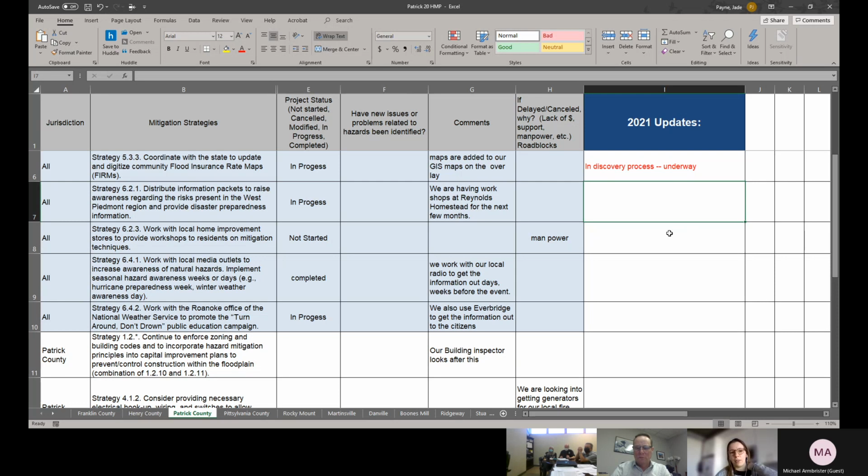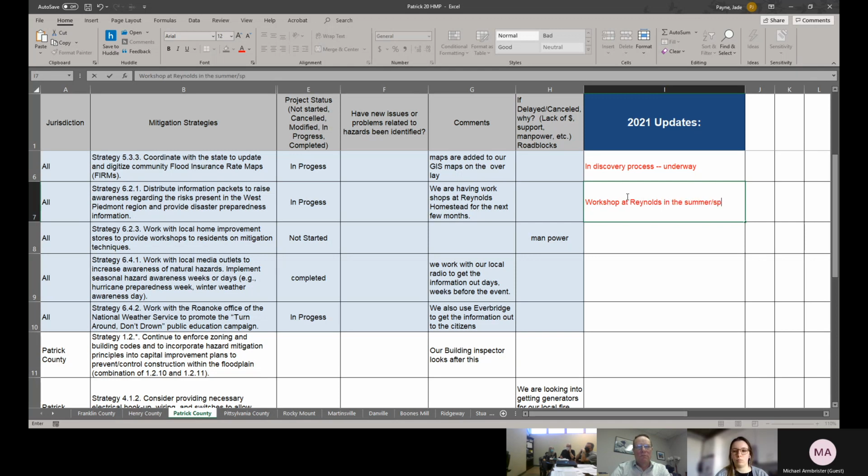And we could always combine this with some of the other information dissemination strategies. But as far as the workshops that you did have in progress, were those completed? I know we had a workshop at Reynolds Homestead towards the summertime, springtime, and I can't remember.